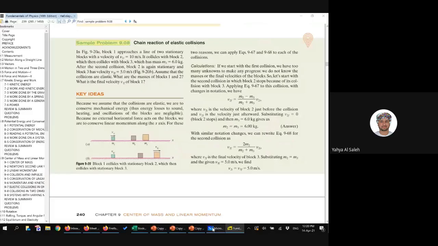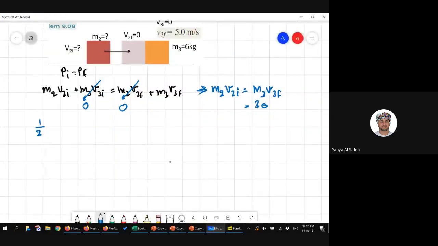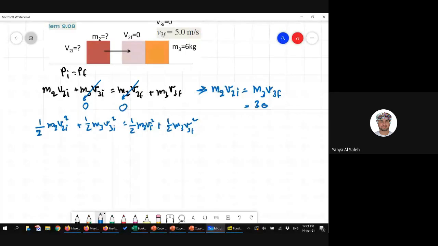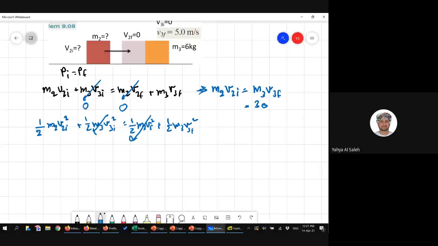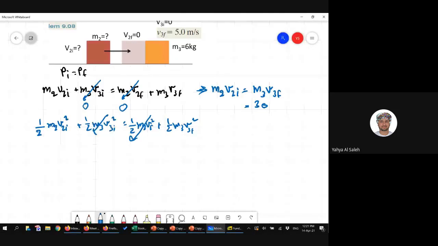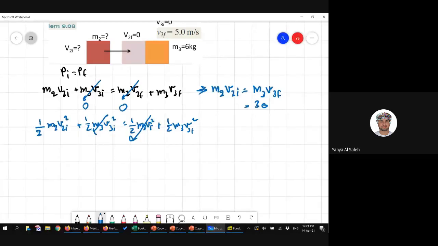Half m2 v2I squared plus half m3 v3I squared equals half m2 v2F squared plus half m3 v3F squared. This is 0, this is 0, but we still have a problem. We still have two unknowns, m2 and v2.